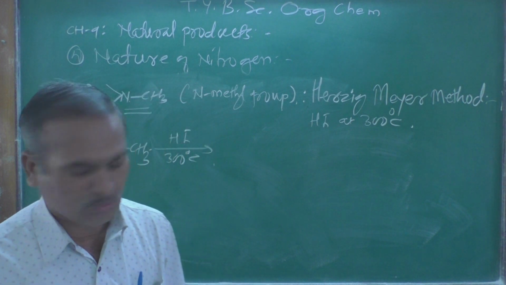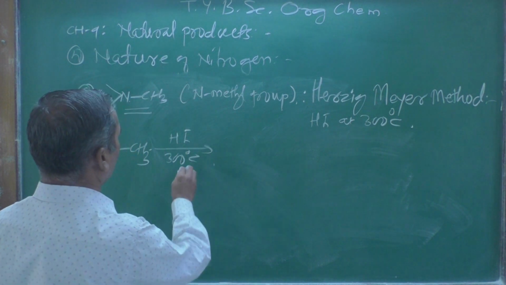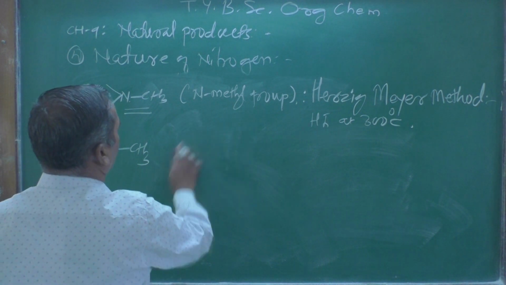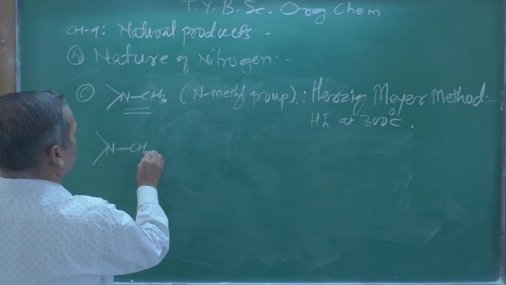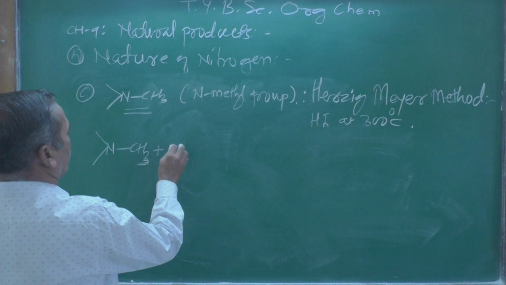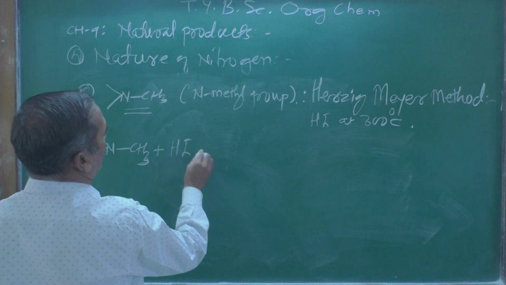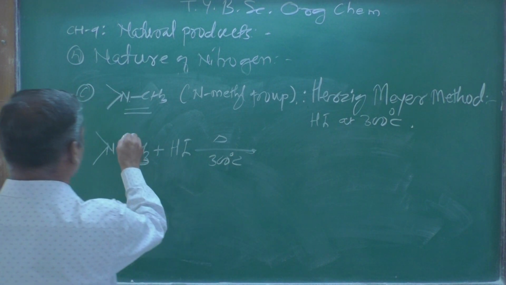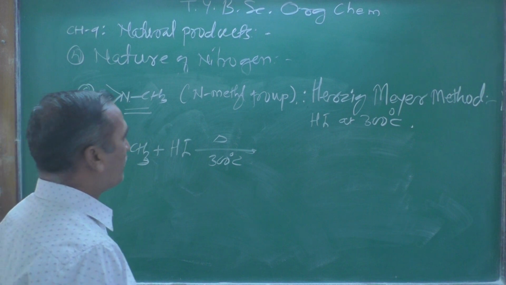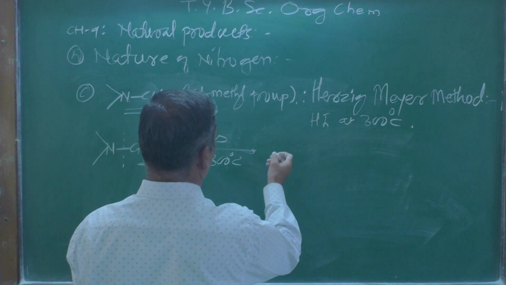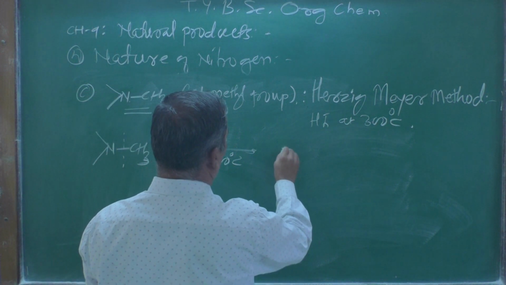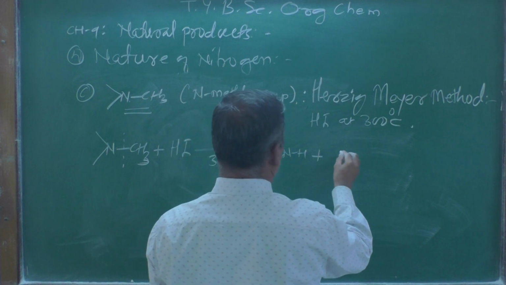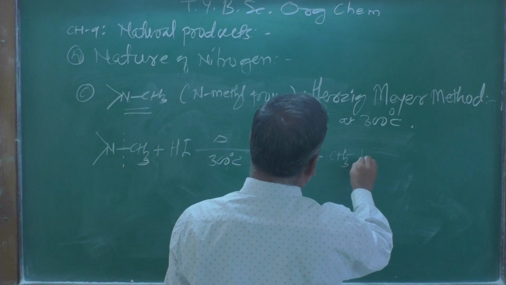In a simplified way, this N-methyl group is further treated with HI and heated at 300 degrees centigrade. This bond is going to cleave. After cleavage of that bond, you are going to get a secondary amine as well as methyl iodide.